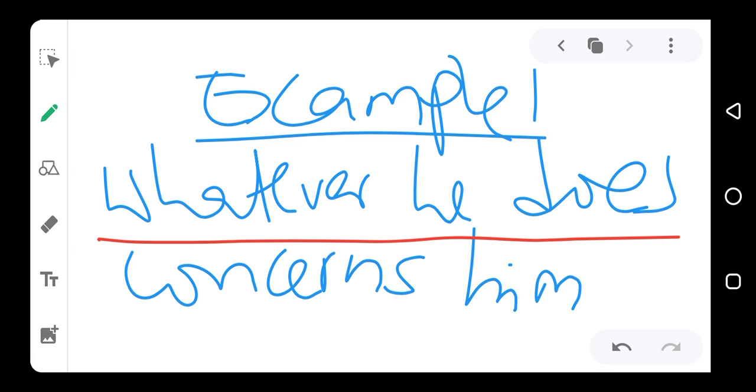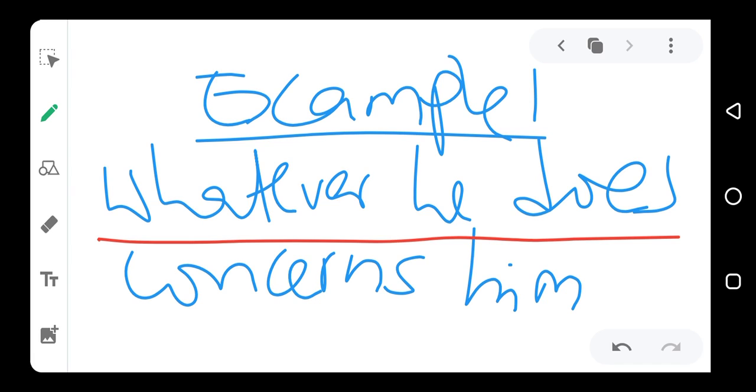So how do we test that it is a noun clause? We can now remove this whatever he does and try to put an appropriate pronoun there and check whether the sentence still retains its meaning. Okay, we can put it concerns him. If you put it, which is a pronoun, and say it concerns him, the sentence still makes sense.